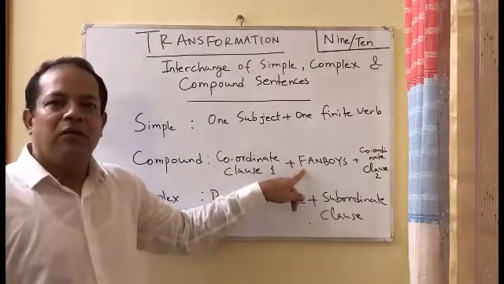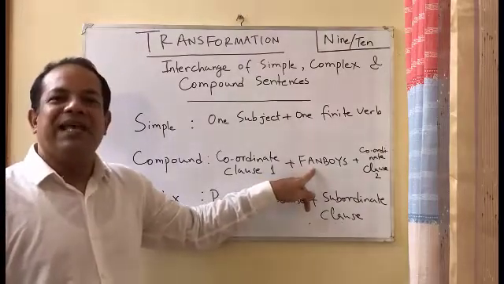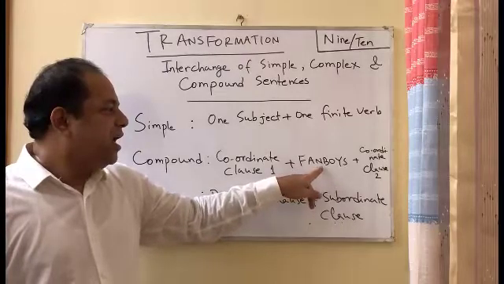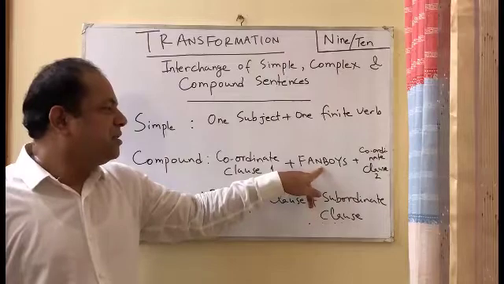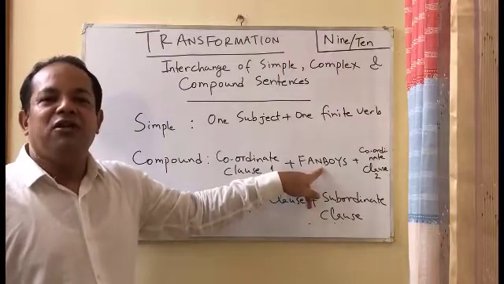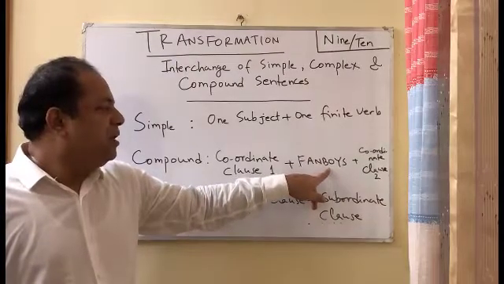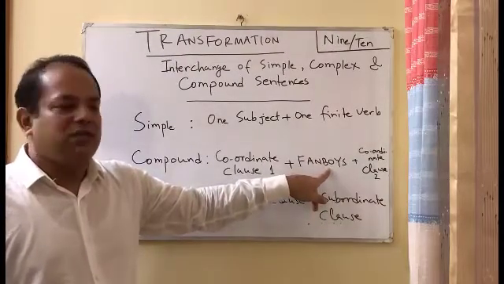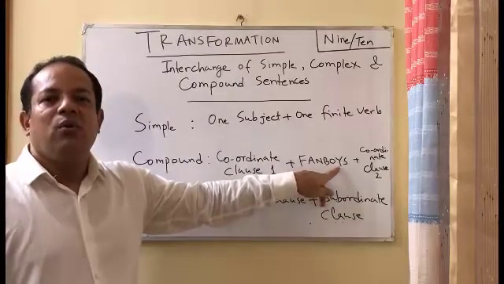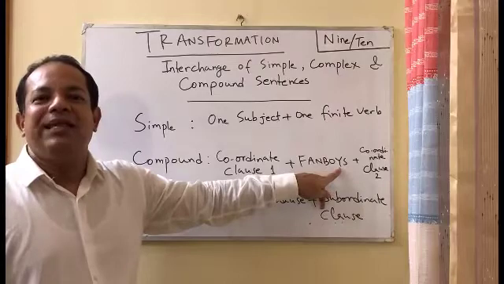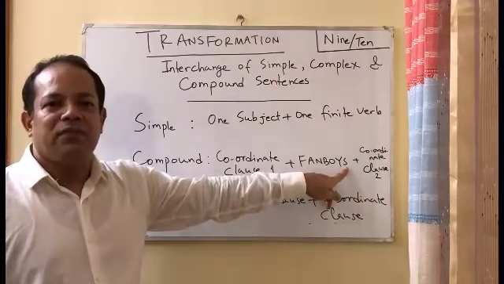F means for, A means and, N means neither nor or not only but also. B stands for but, O stands for or, Y stands for yet, and finally S stands for so.